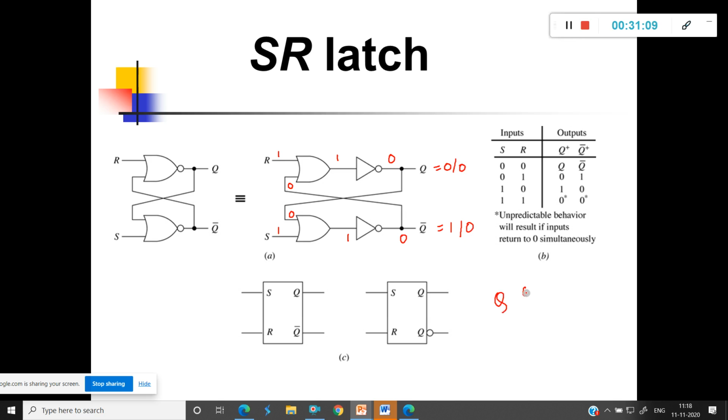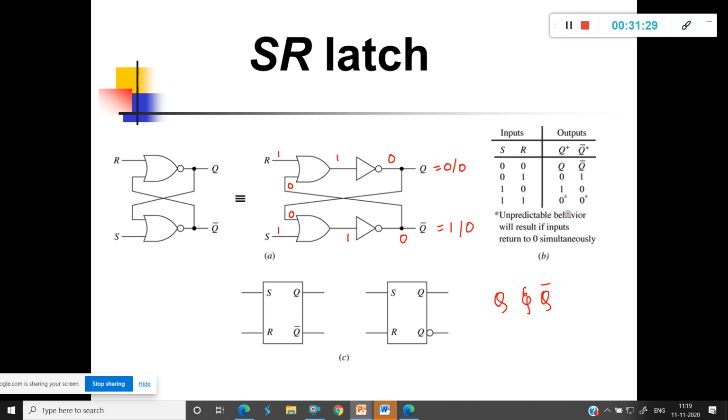But I have already told you that Q and Q bar are complements of each other. See whether they are complementing each other. No, they are violating the complement rule. If Q is 0, Q bar should be 1. But for S is 1, R is 1, both are 0.